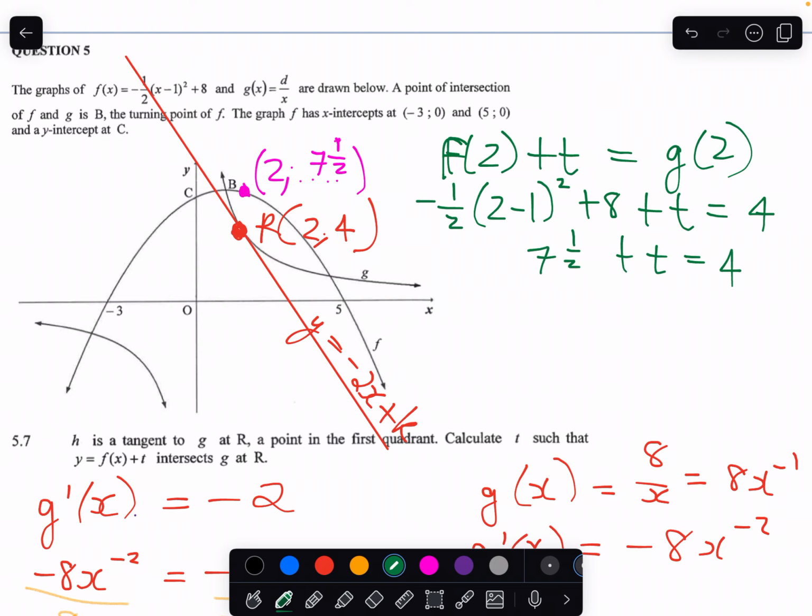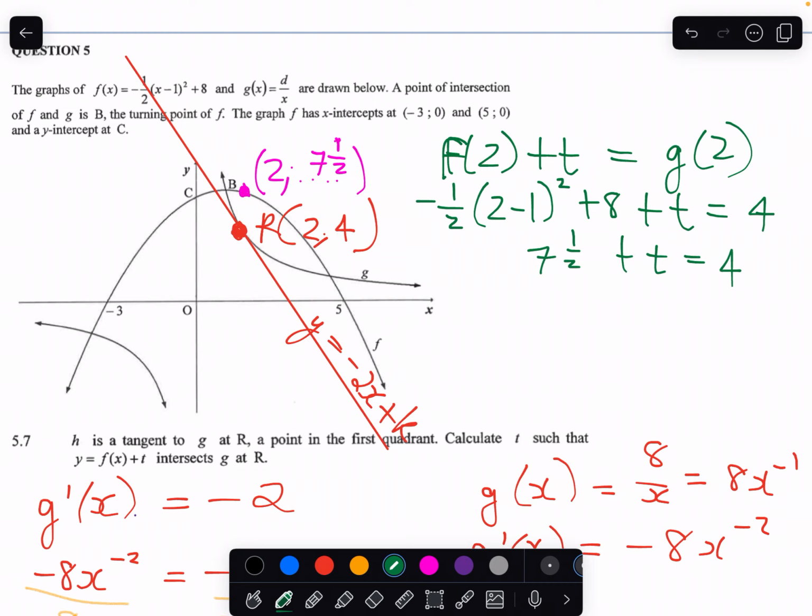Now that I understand. So the memo somehow just gets off from the starting blocks with h of x is equal to minus 2x plus 8. How do you know?